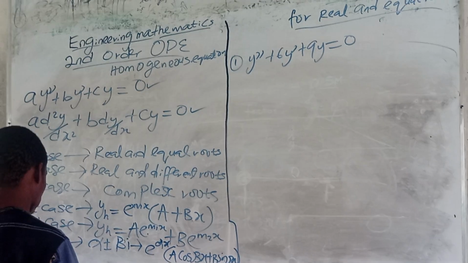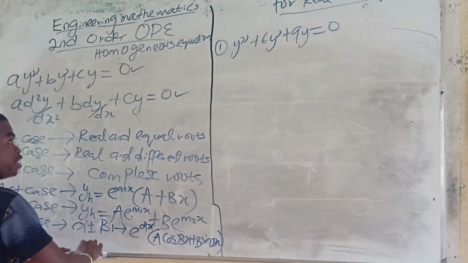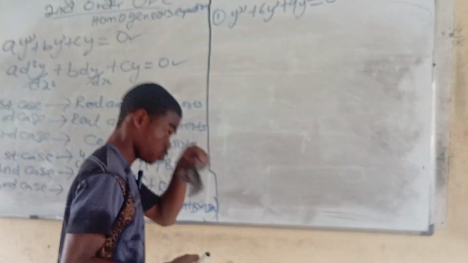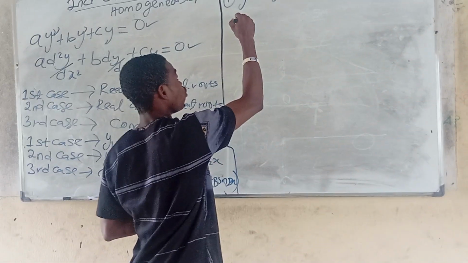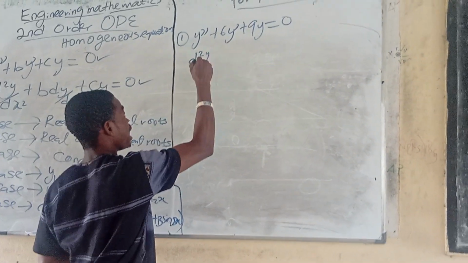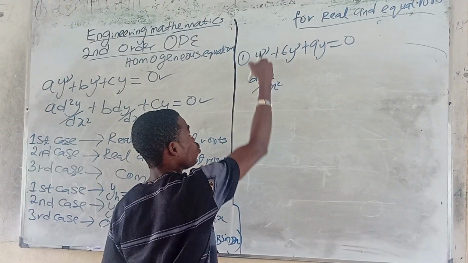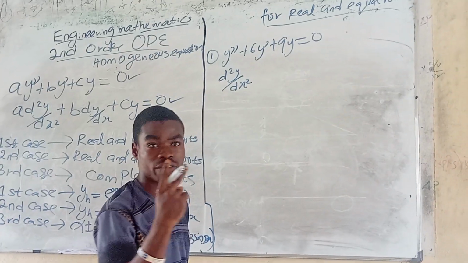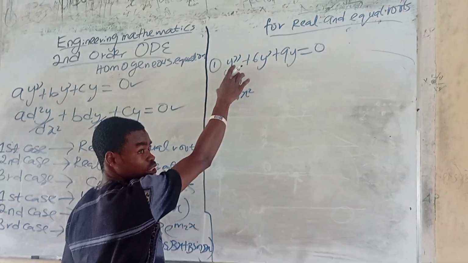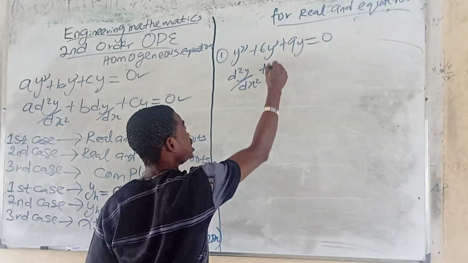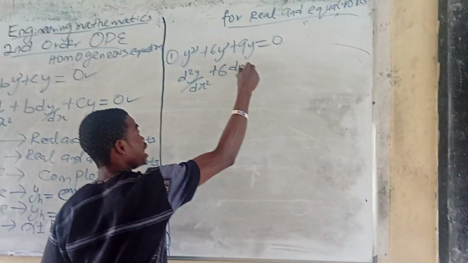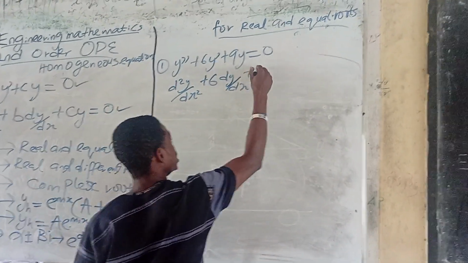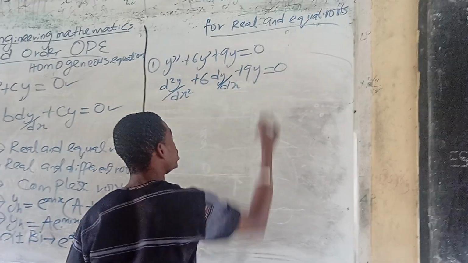Now, what's the first step you go ahead with in solving this question? The first step, if you are given in this form, change it to this form: d²y/dx². y prime prime means double derivative, so this is the double derivative in this form, plus 6y prime, one derivative, dy/dx, plus 9y, that's the constant, equals 0.